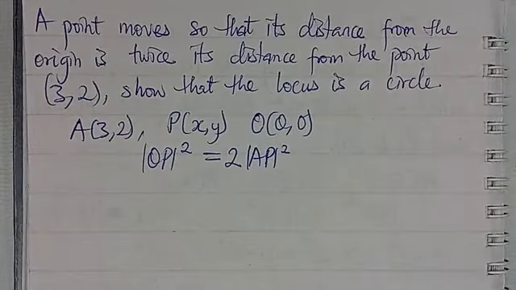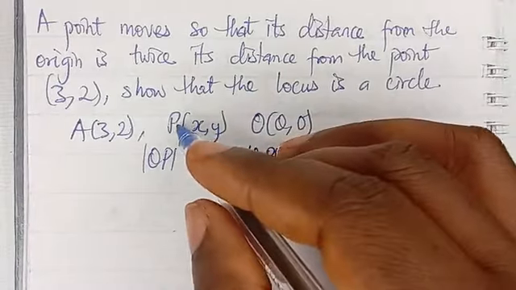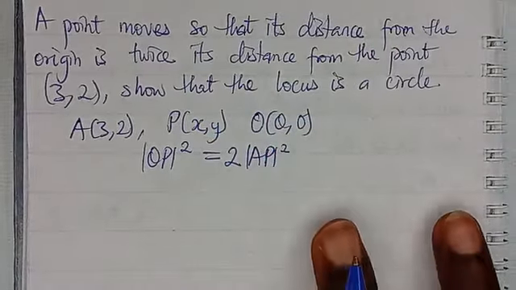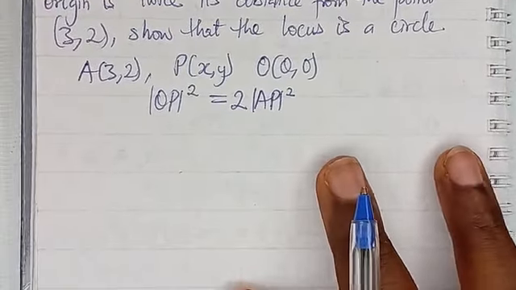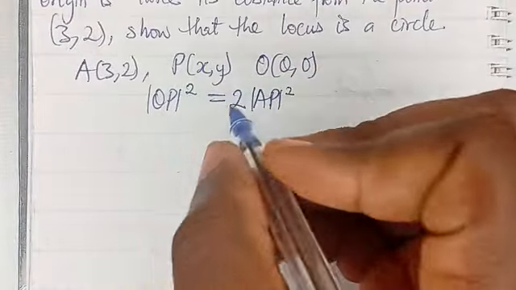So this is the equation that we are going to be using to get the equation of this point that moves this way. Okay, so we've already gotten the coordinates of the points.